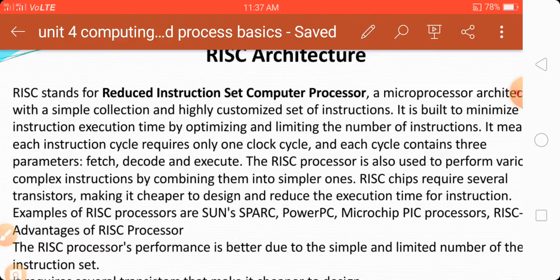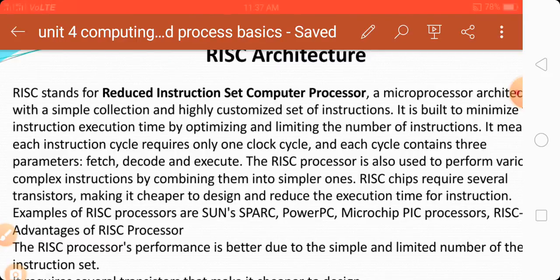One thing we have to remember every time is that the RISC processor has a reduced set of instructions to minimize the execution time of instructions. So that is a very simple structure.